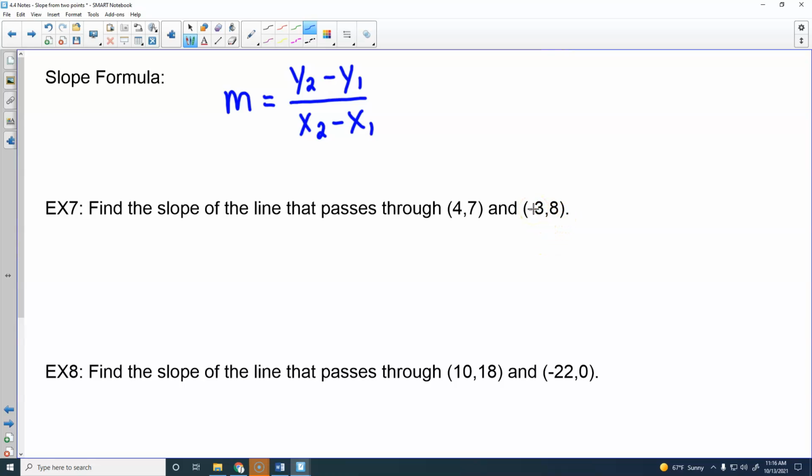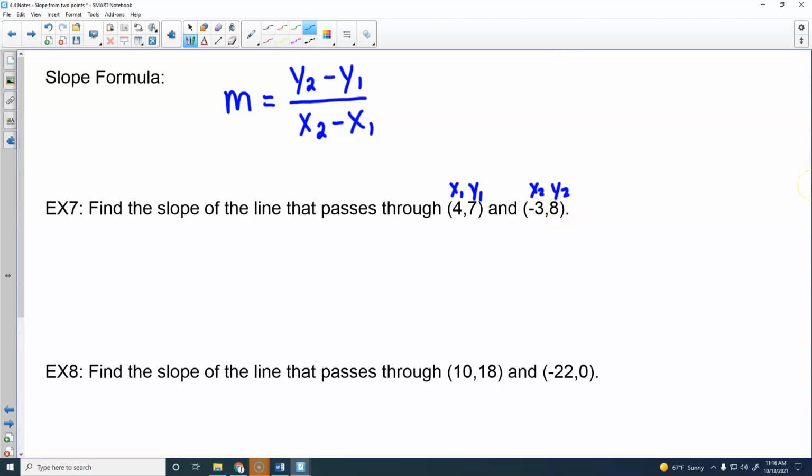If I use the slope formula, I'm going to let one of these points be x1, y1, and the other one be x2, y2. It really doesn't matter which point you pick. You just have to make sure if 4 is x1, then 7 has to be y1. And if negative 3 is x2, then 8 has to be y2.